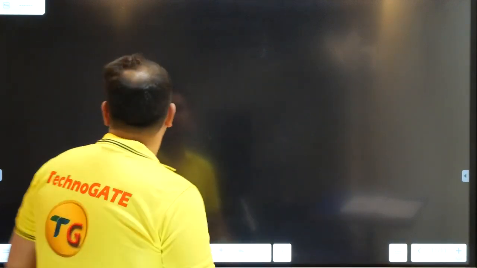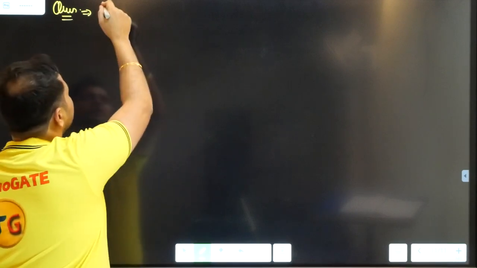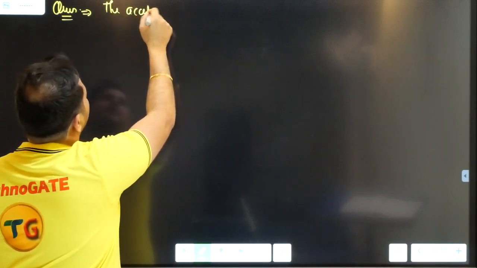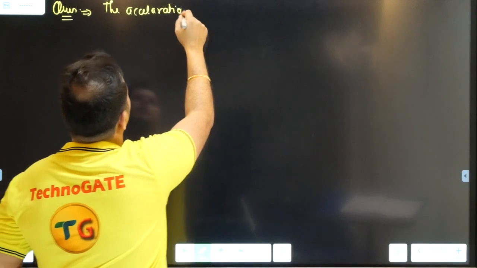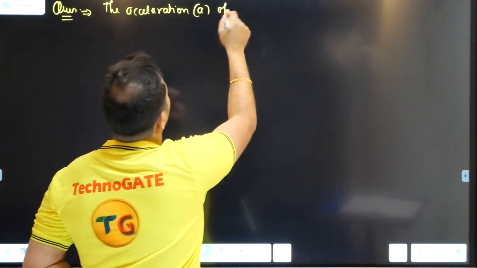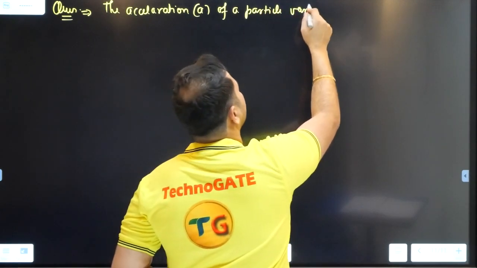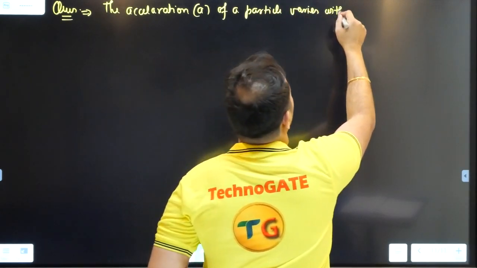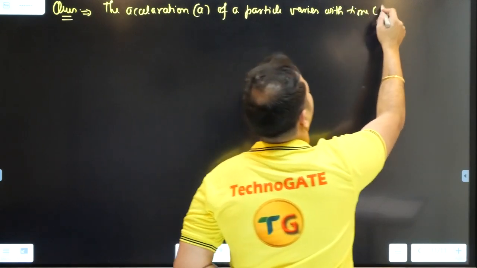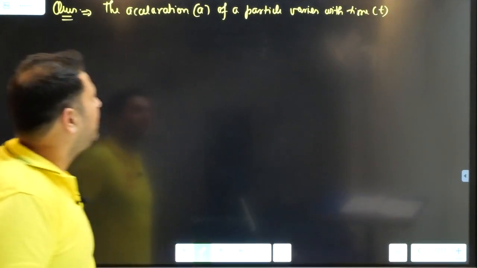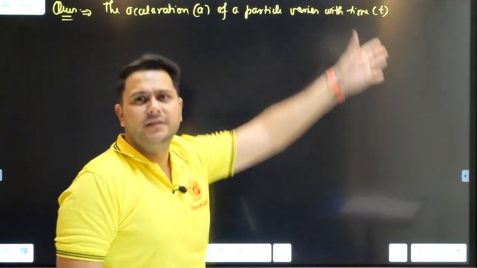On the next page, we will be writing a question. What does the question say? The question says the acceleration a of a particle varies with time t, right?